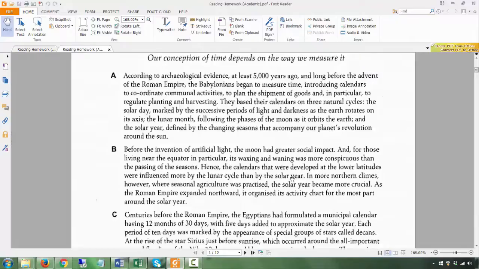So if you read this, for those living near the equator, blah, blah, blah, calendars that were developed at lower latitudes were influenced more by the lunar cycle than by the solar year. In more northern climes, however, where seasonal agriculture was practiced, the solar year became more crucial. So one is more crucial at lower latitudes, where it was influenced more by the lunar cycle. In northern climes at higher latitudes, the solar year was more crucial.